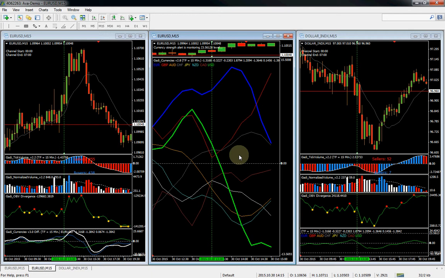I'm just going to pick something, not necessarily cherry picked, but something to show possible pitfalls, I suppose. And we've got here the euro dollar, and at this point they've started to pull away from each other. Now the dollar has got a really nice angle to it, but the euro isn't actually a strong angle, is it?